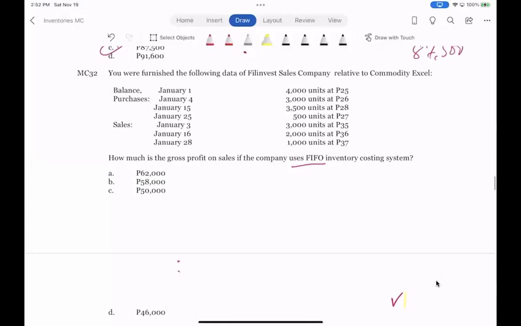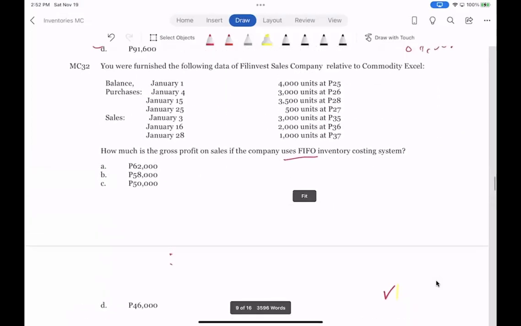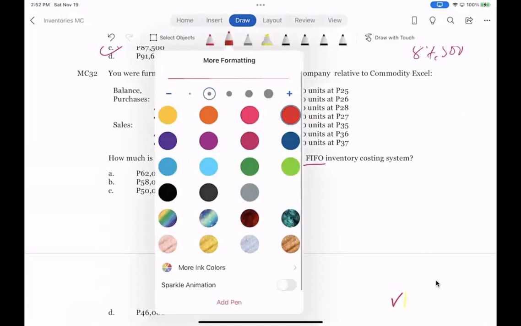Okay, so we are now in MC 32. Continuing, the question is, how much is the gross profit on sales if the company uses the FIFO method?